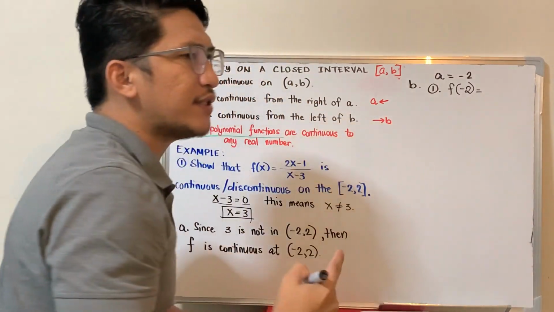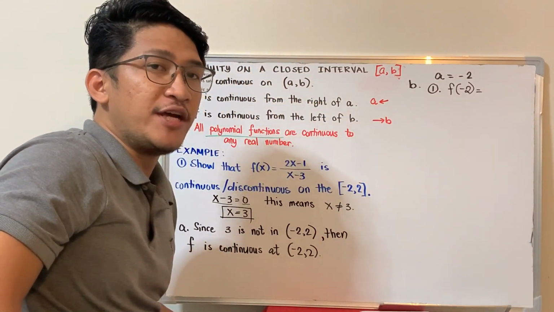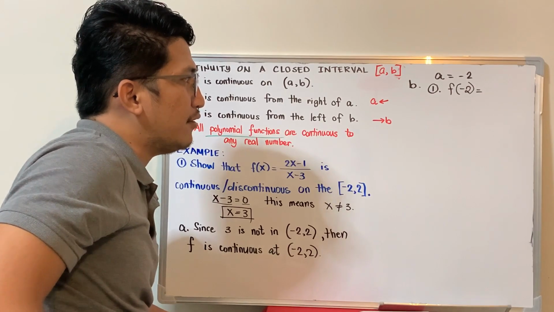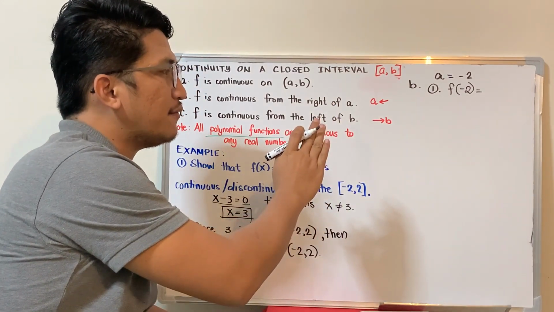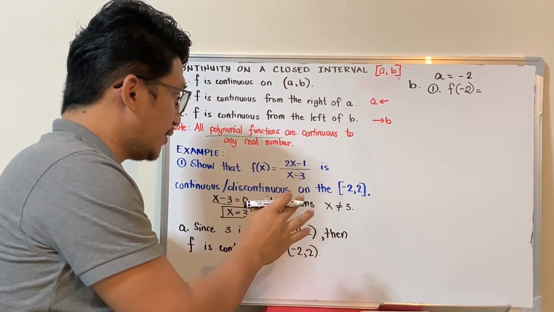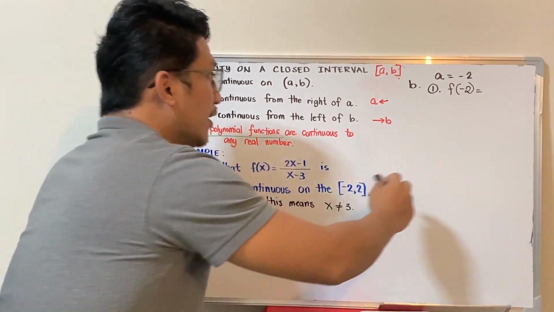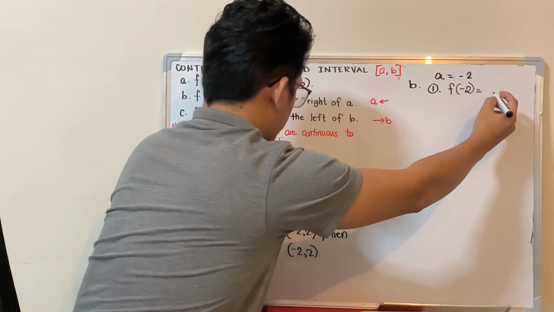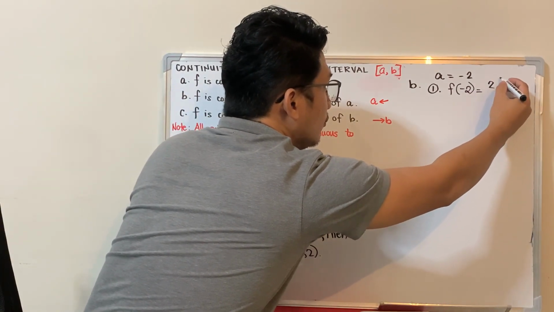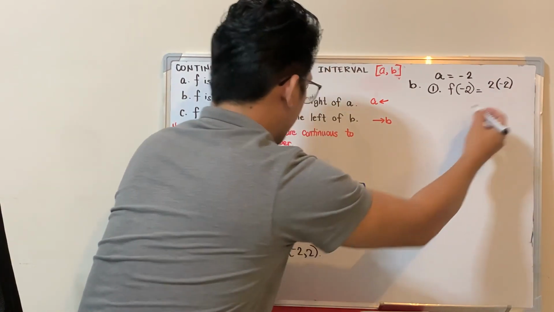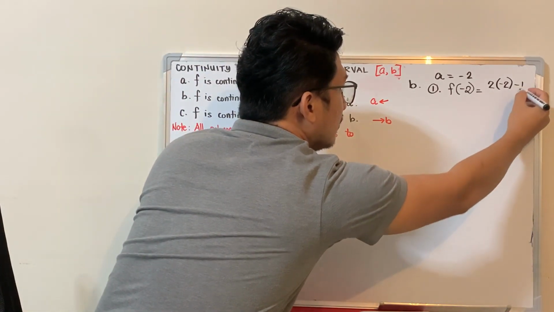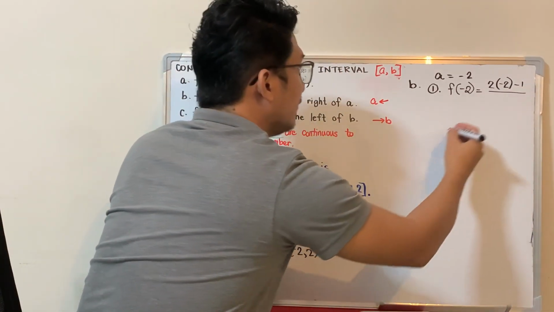In continuity at a number, the first thing to do is substitute the value of A into the function. So we substitute negative 2: 2 times negative 2 minus 1, all over negative 2 minus 3.